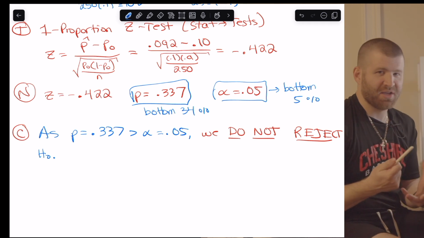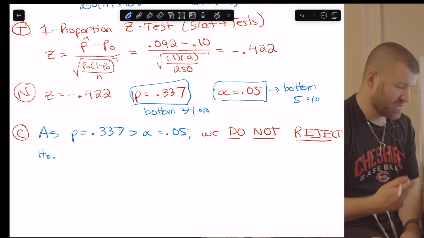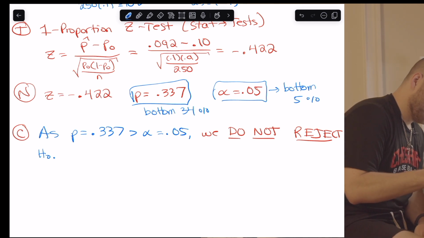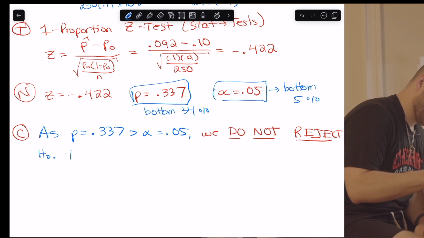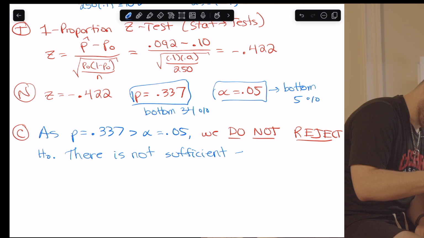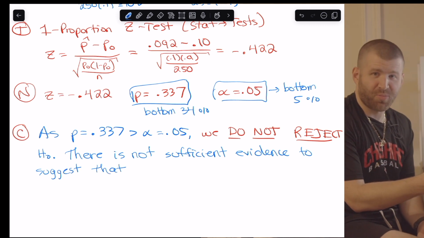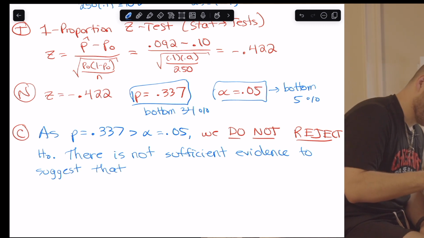And then we just make a claim about whether or not we have evidence based on that. So since we didn't reject, we say there is not sufficient evidence to suggest that, and now we insert our parameter, just like confidence intervals.